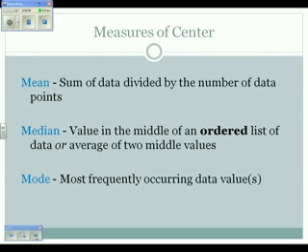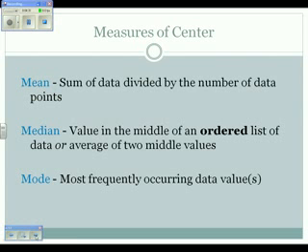And then the median is the literal center if you order from least to greatest, and the number that appears in the center of your list is going to be the median value, and then the mode is going to be the value that occurs the most often. You can have a data set that has no mode. If no data value is repeated at all, then we say there's no mode for that data set. You can also have a data set that has several modes.